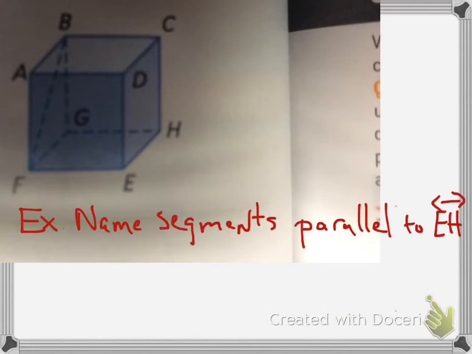Okay, name segments parallel to EH. I'm not going to try to name them all, but we're going to try to name some. So here's EH right here. And parallel to that, obviously you can see FG. That one's kind of easy. It's right there on the same plane. You can see DC. That one's also pretty easy because they're on that side plane together right here.